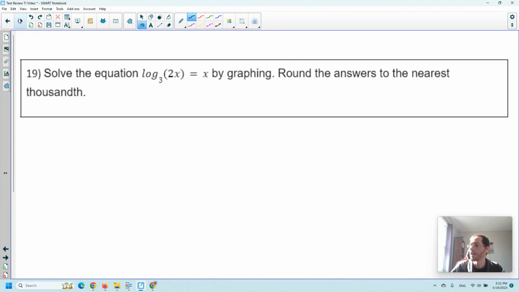All right, number 19 then. Solve the equation log base 3 of 2x equals x by graphing. So here it specifically says by graphing, so we do not want to do any work on this one. We just want to go ahead and put it into the graphing calculator and figure it out. Round to the nearest thousandth. I mean, we'll do that when we get to it.